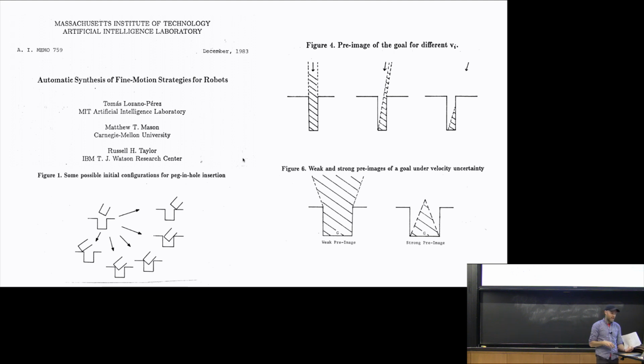talking about pre-images of these different tasks. If you took a certain approach with your peg to the hole, then the straight-up approach has a pre-image: the initial configurations that will successfully land with the peg inside the hole. It looks like this. If you come in with a different velocity, it comes like this. And they were already computing these pre-images, these funnels, for the very kinematic thinking of the task.